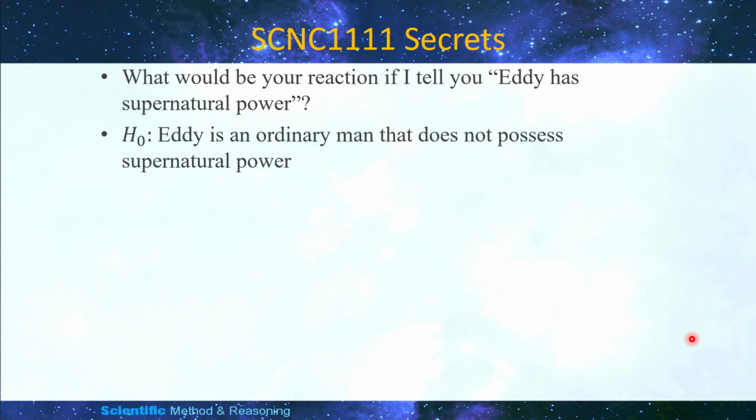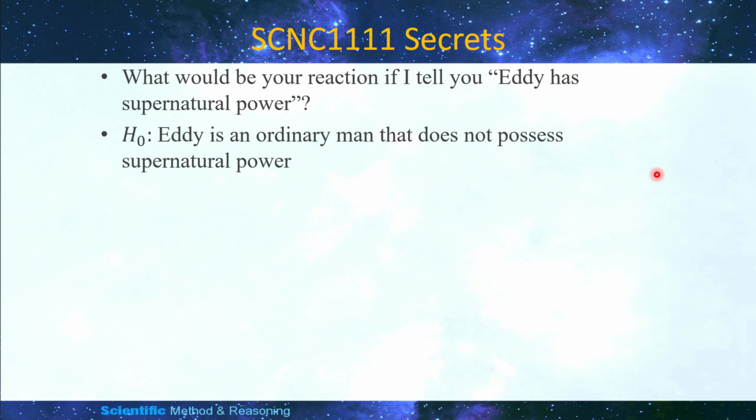In order to make a decision, you would phrase it in a hypothesis testing setup, and the traditional belief would be put as the null hypothesis. The traditional belief is that Eddie wouldn't have any supernatural power unless he shows us something.